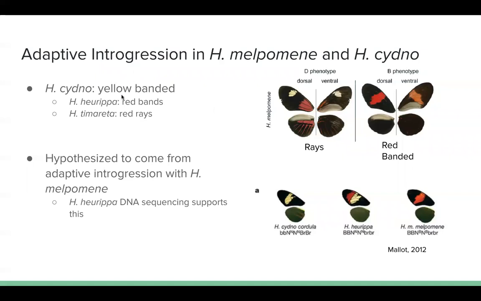However, some subspecies under Heliconius cydno, Heliconius heurippa and Heliconius temerata, show phenotypes of red bands and red rays, which are seen in Heliconius melpomene. And so it's hypothesized that those red bands come from adaptive introgression with Heliconius melpomene. And this was debated at first, but later DNA sequencing evidence in Heliconius heurippa, seen here, supported that those red bands did come from adaptive introgression between the two species.